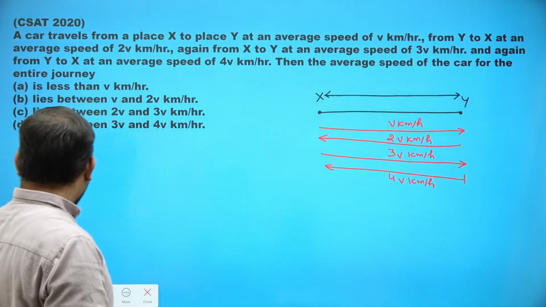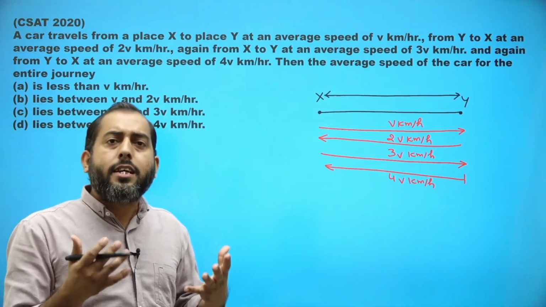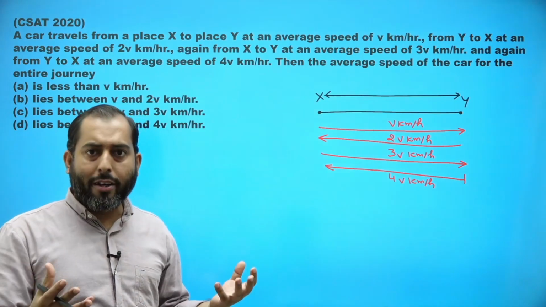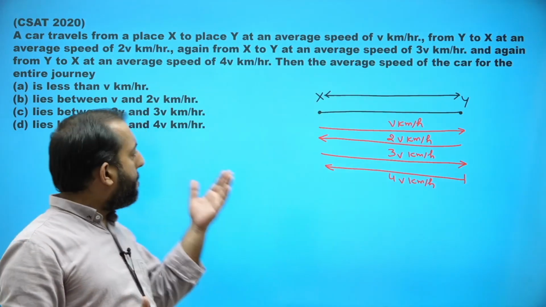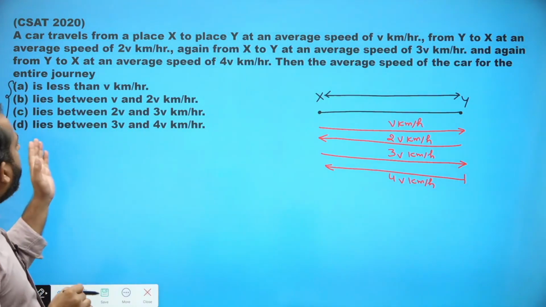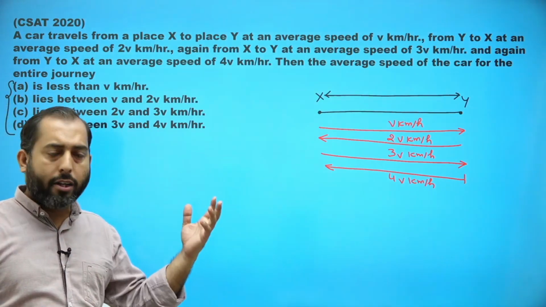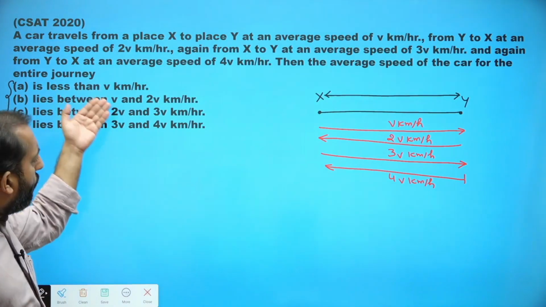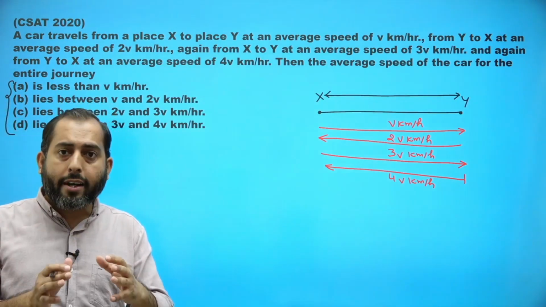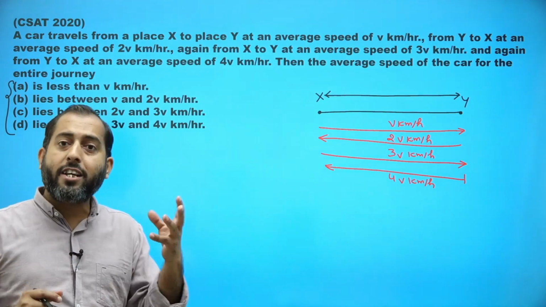So we can assume this distance to be a particular value. In this question the answers are present in the form of comparative terms. We don't have to tell the exact answer, we have to tell the range of the answer. So we can solve this question by assumption also.